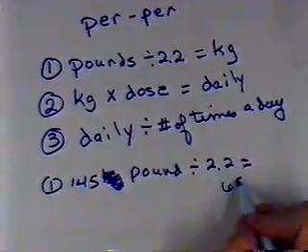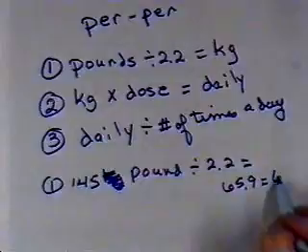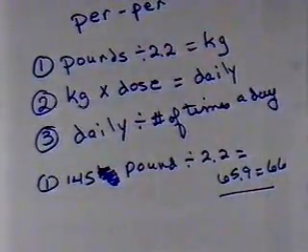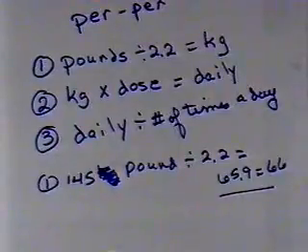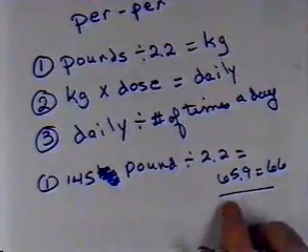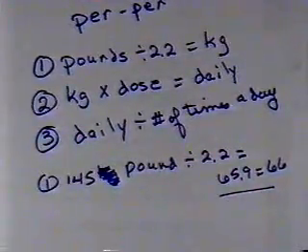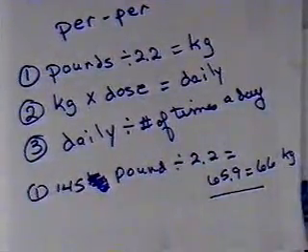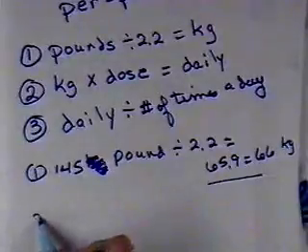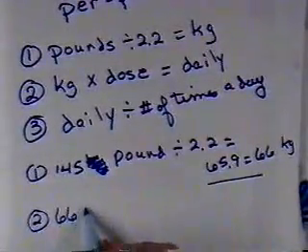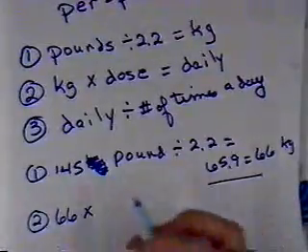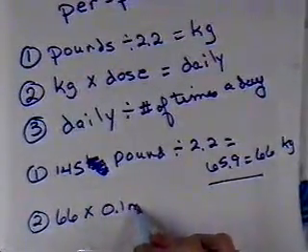Now here you can round it to the nearest tenth, or you can round it to the whole number. These, we'll find when we get to the end, are not going to make that much difference in how many tablets to give. So I will always accept a tenth or a whole number on the kilograms. Second step is to take that number times the dose. And this dose was 0.1 milligrams.